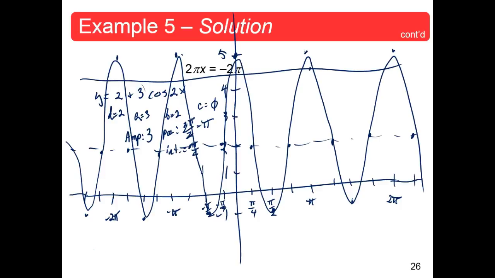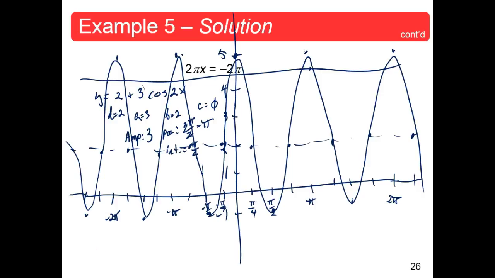Okay? The vertical shift, the D here, moves your 0 up to 2. Okay? It's a vertical shift. Everything gets moved up. That's now your equilibrium. It has an amplitude of 3, meaning it's going 3 above that and 3 below that, okay? Your B is 2, which makes your period pi, which makes your interval pi quarters. So that's going to define your key points.